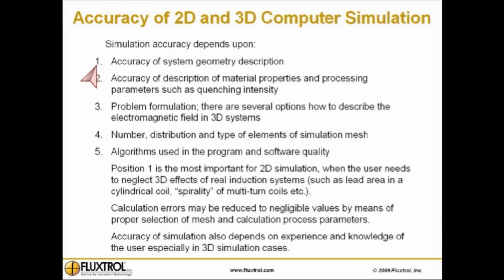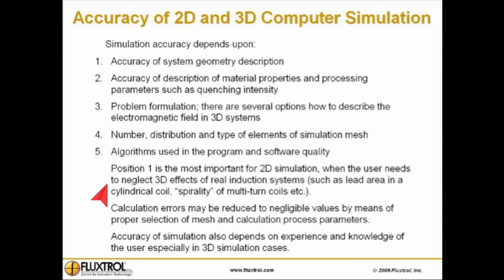Accuracy of 2D and 3D computer simulation depends upon: one, accuracy of system geometry description; two, accuracy of description of material properties and processing parameters such as quenching intensity; three, problem formulation, as there are several options how to describe the electromagnetic field in 3D systems; four, number, distribution, and type of elements of simulation mesh; and five, algorithms used in the program and software quality.